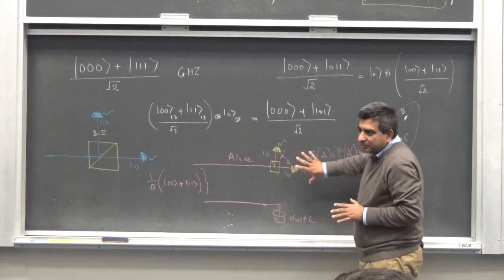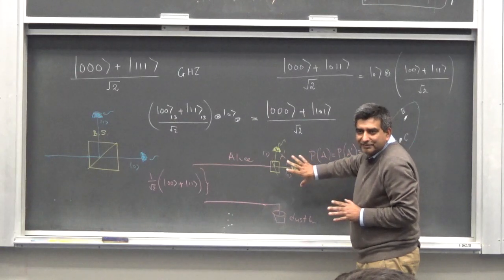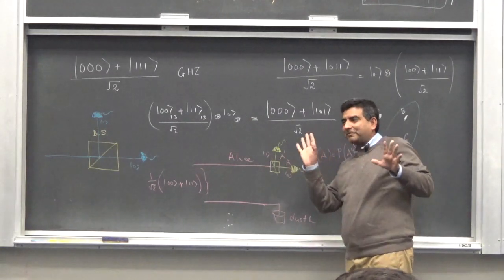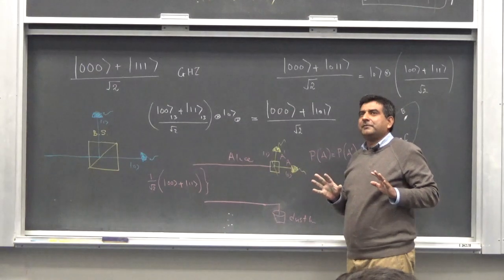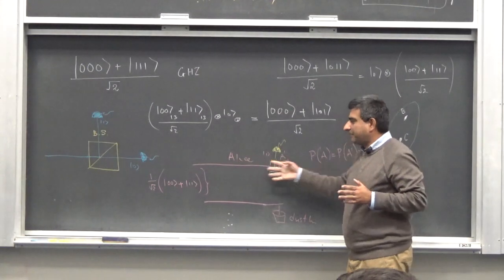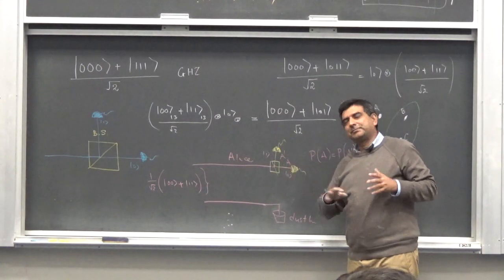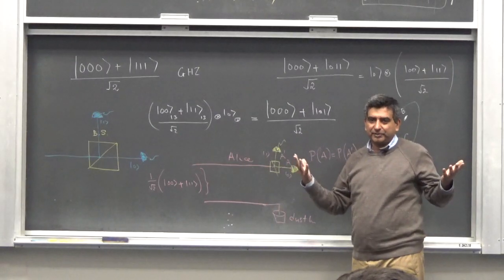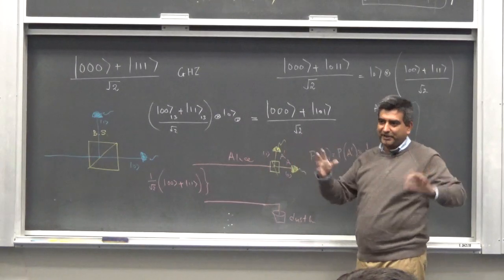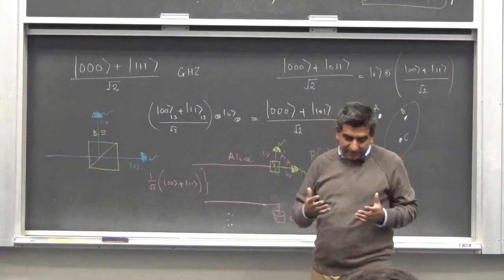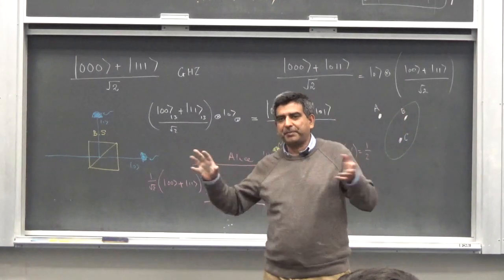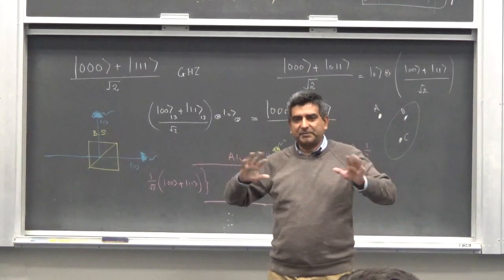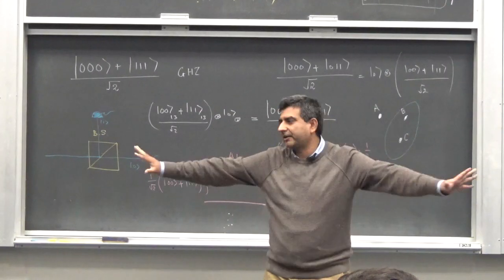So it's just like seeing a particle that has both possibilities, ket 0 and ket 1. And if you want to learn a little bit about information theory, the entropy of this system is maximum. It's maximally disordered. It's totally random.